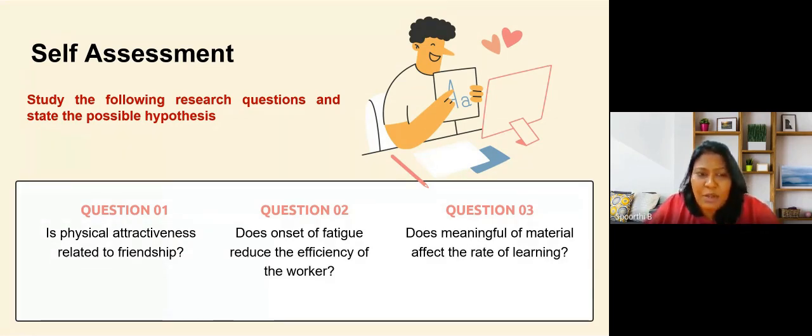I'll give you an example. Are you all with me while you're doing? We have another 1 minute because I had gone back. How many of you are done? Can you please say done if you are done writing the hypotheses for these 3 questions?